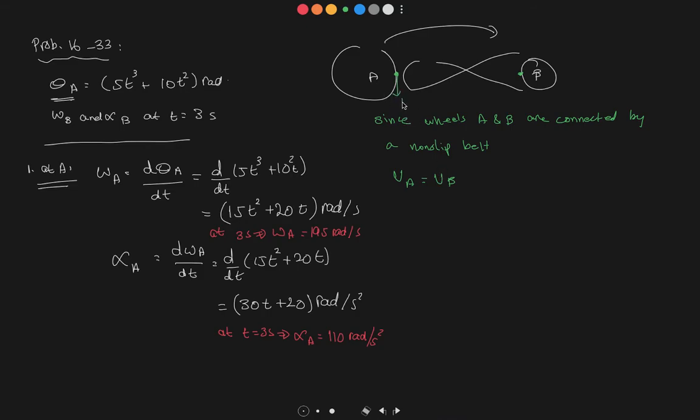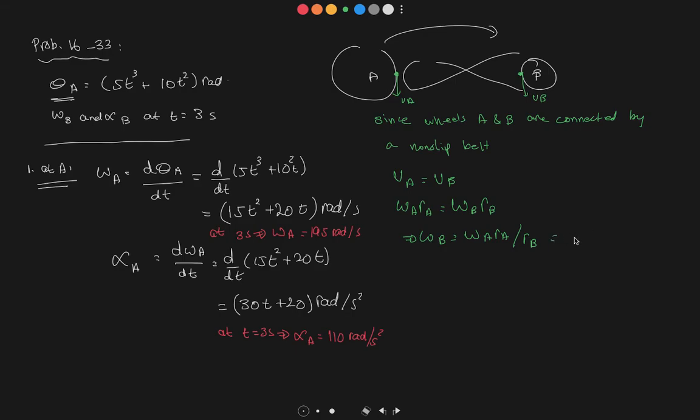So here this is VA, here this is VB. The velocity is related to the angular velocity by omega A RA equals omega B RB. So we get omega B equals omega A RA over RB.